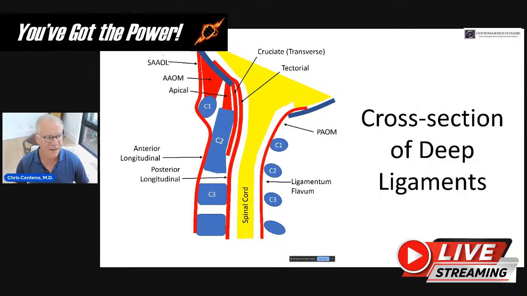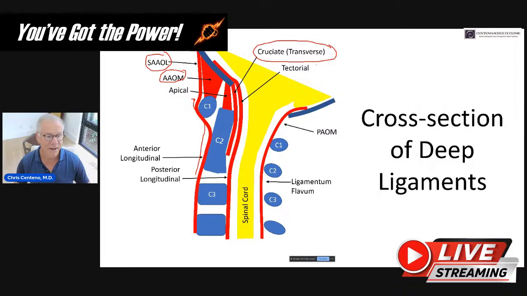So we have the SAAOL, which is just an extension of that anterior longitudinal ligament further up. We've got the AAOM, which goes from C1 to the skull. Then we've got the apical ligament that goes from C2 to the skull. Then we've got that transverse band of the cruciate ligament. Those are the same things.